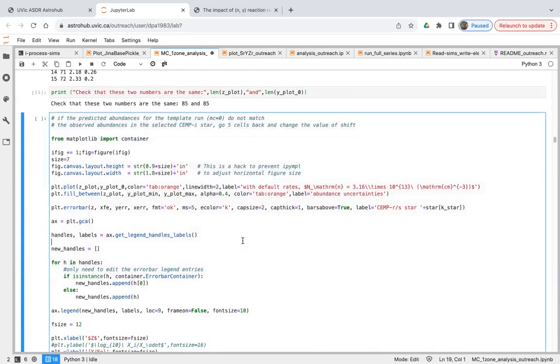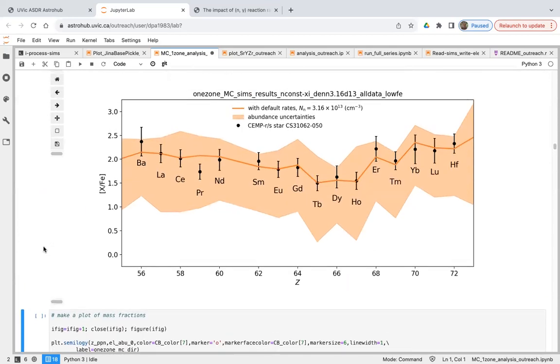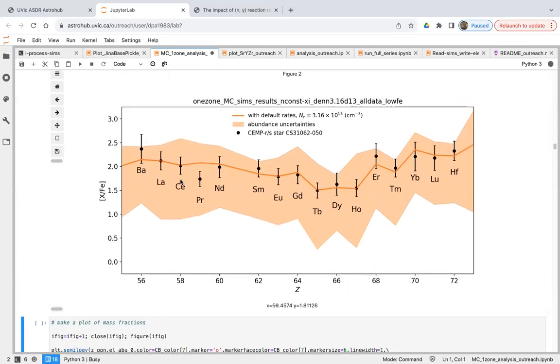Okay, and now let's make the plot. As you can see here, these black circles with error bars are observed abundances in this CEMP-r/s star, CS31062-050. And the solid orange line is the predicted abundance distribution for the neutron density 3.6e13 with default rates.